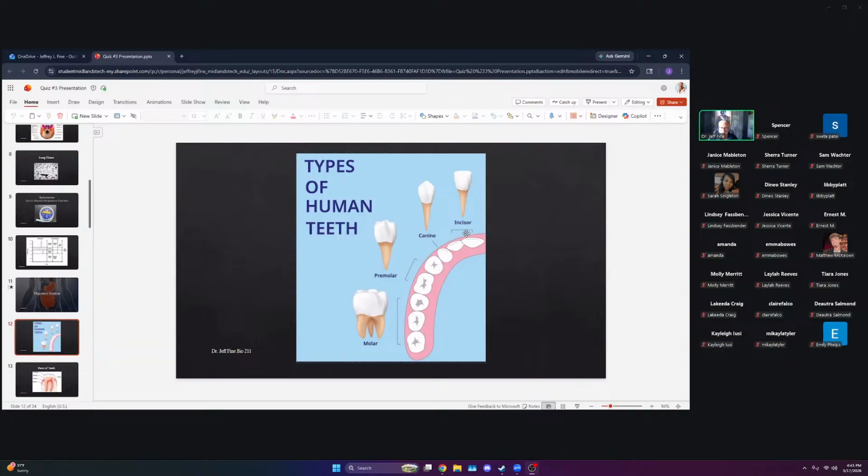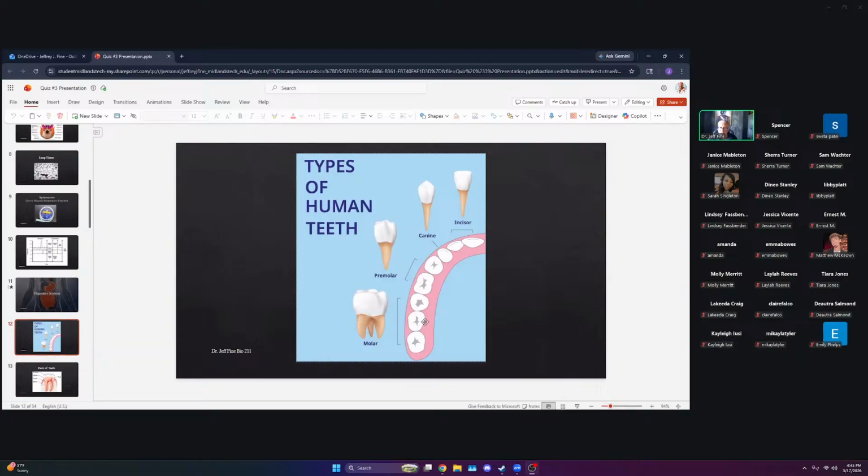If we continue moving around the jawline from the front, past the canines, we have premolars, which look a lot like molars, except they're just a little bit smaller in size, typically. And then, of course, as we move to the posterior of our jaw, top and bottom, we have our molars, which are the largest teeth.